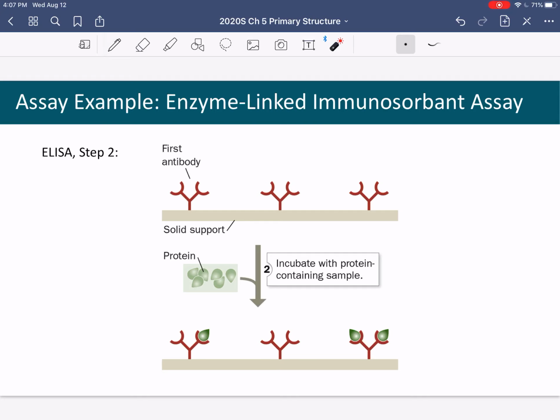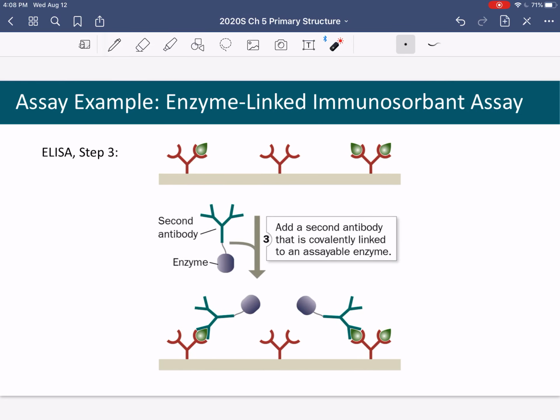So if this is a blood sample, you'd have serum albumin in addition to the virus, let's say. And so your protein will be recognized by the immobilized antibody from step 1. There it is, your protein bound to the immobilized antibody, and this is after washing, I might say. So we washed away any of the other serum components if you're looking at a blood test.